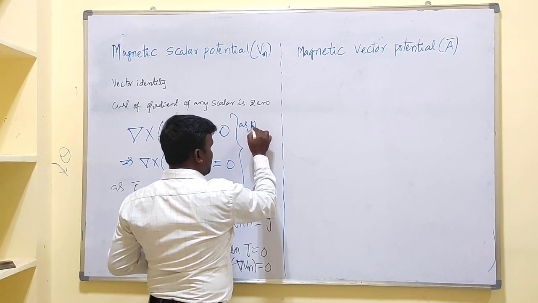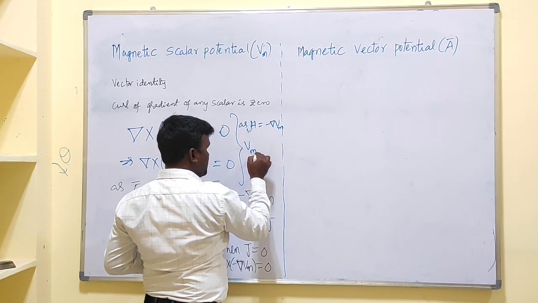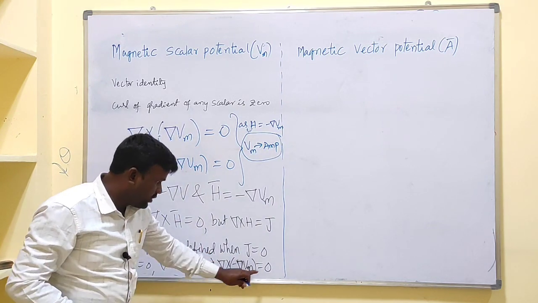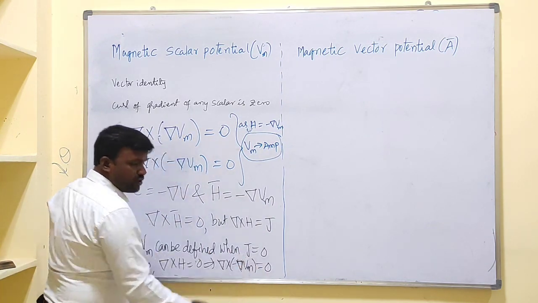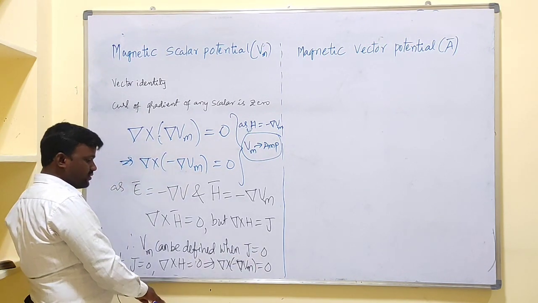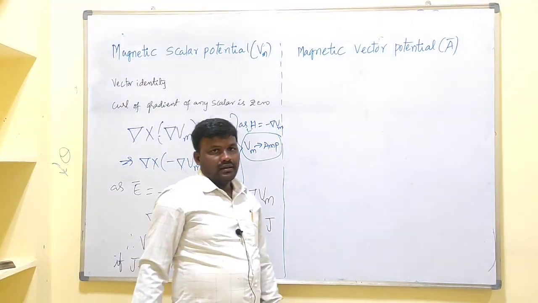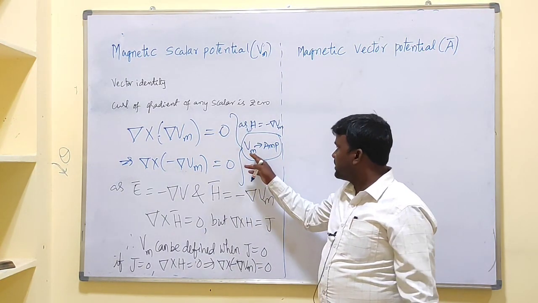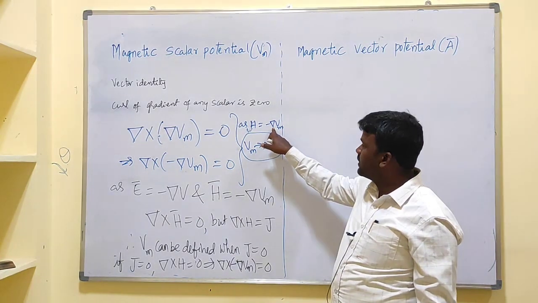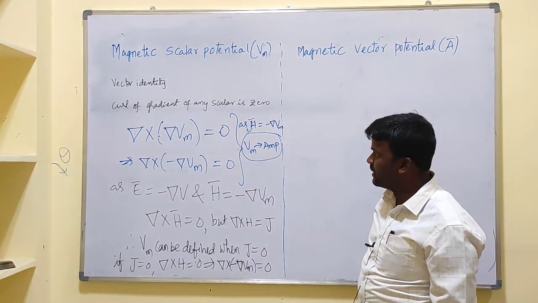As H equals minus del Vm, the unit of Vm is measured in amperes. Only when there is no current, that is, current density is 0, can we define this Vm. The magnetic field due to current is replaced with this Vm. Del is measured per meter, and Vm in amperes, so the unit of H is ampere per meter.